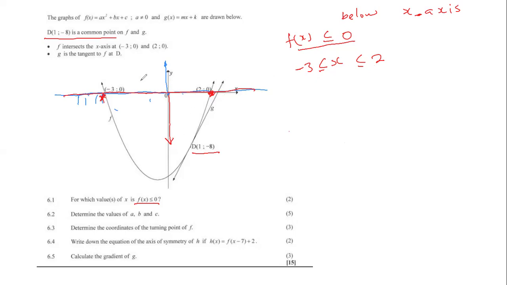That means if we had an equation of f, if we substitute any value of x between these two points, we're going to get a negative answer. We'll deal with that as time goes. Now, determine the values of a, b, c. In other words, determine the equation of the graph.